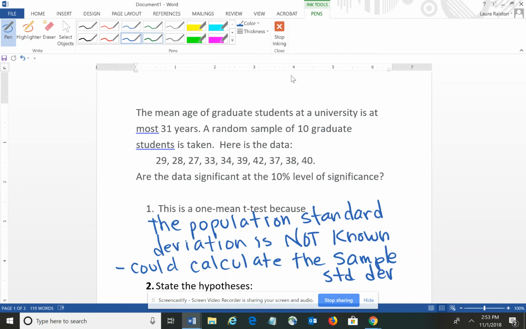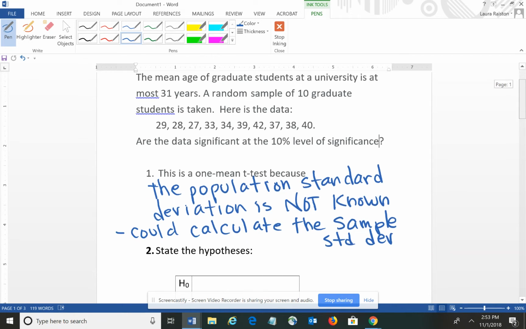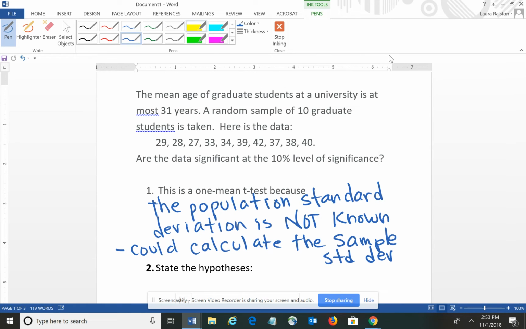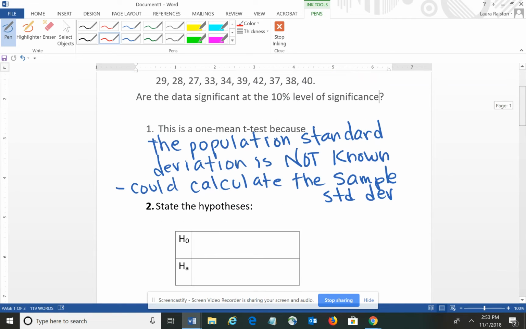The next question says to state the hypotheses, which is the first step in any hypothesis test. In this case, our hypothesis is the mean age of graduate students is at most 31 years. So here again, you got to think about what the phrase at most means.